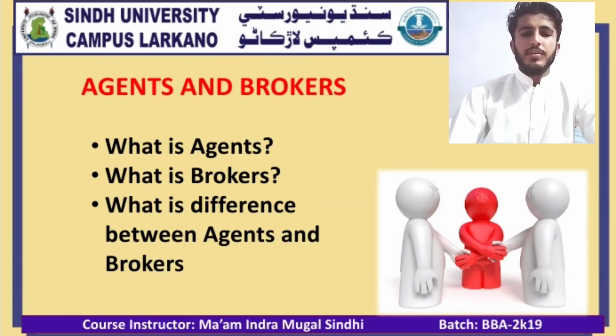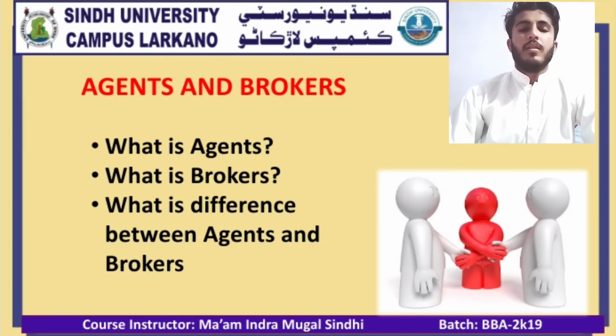A life insurance agent normally does not have the authority to bind the insurer. In other words, we say that an agent in legal terminology is a person who has been legally empowered to act on behalf of another person or an entity.